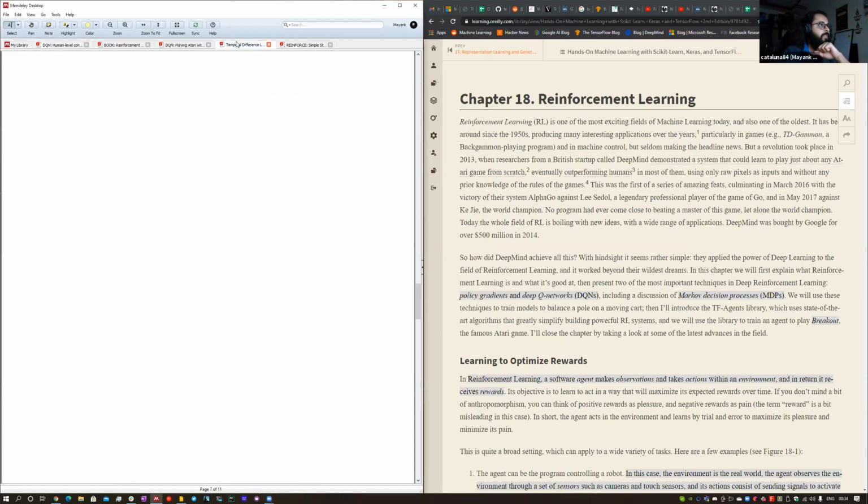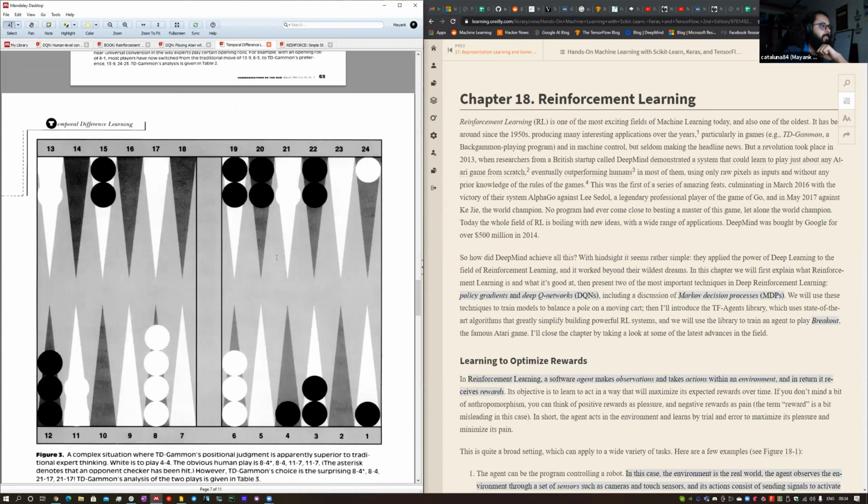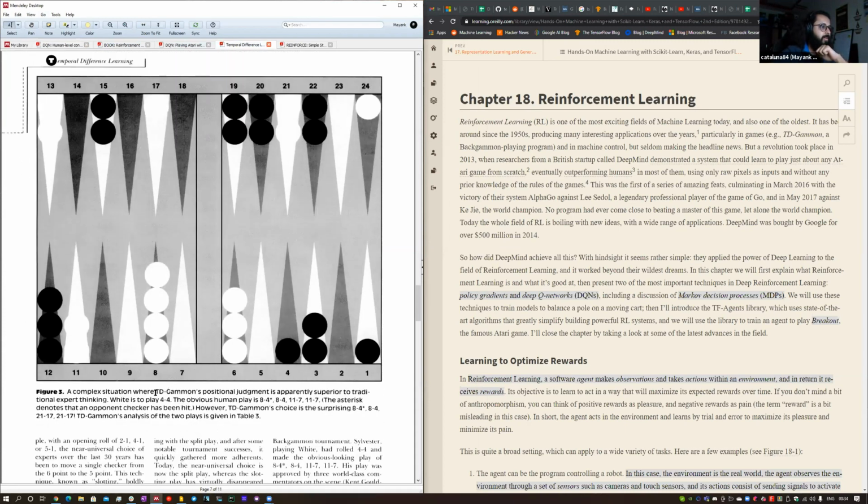We have white checkers and black checkers here, and the opponent has to take the pieces of the player he's playing against, and there are rules to it.